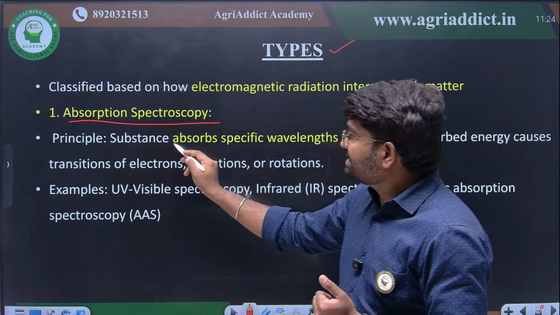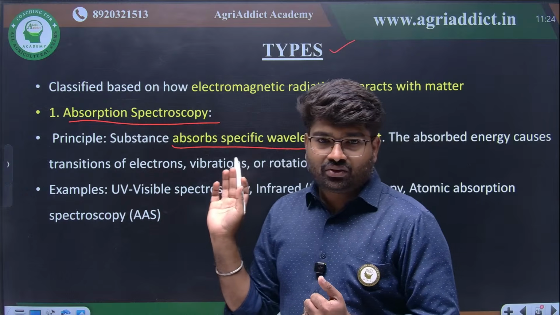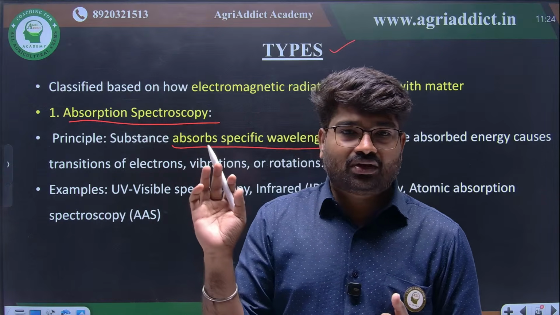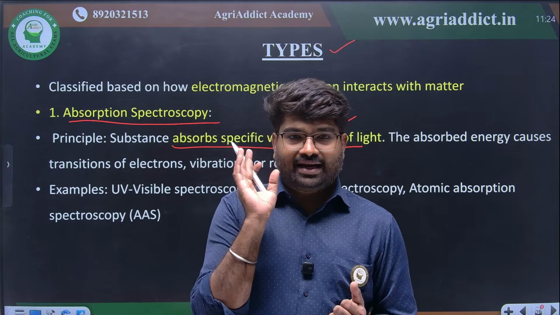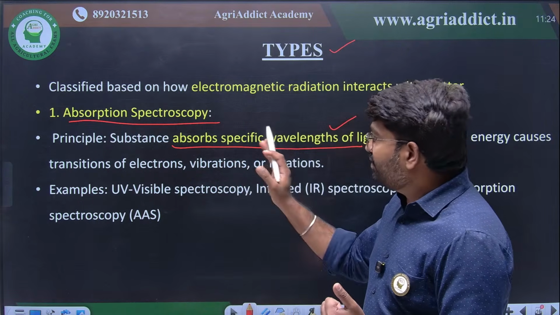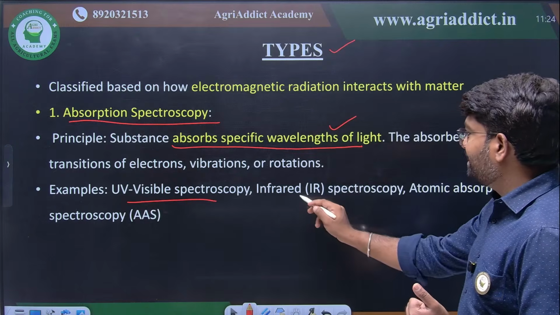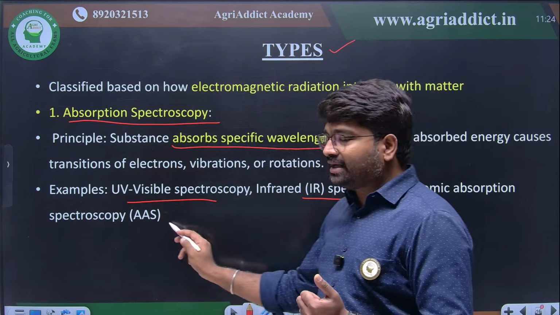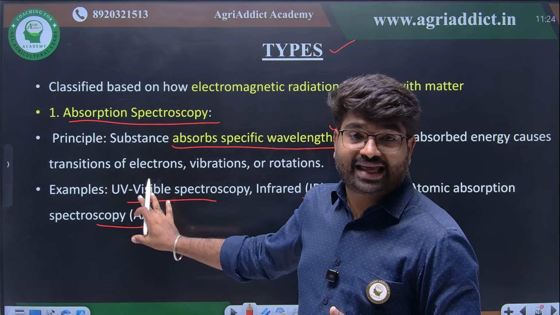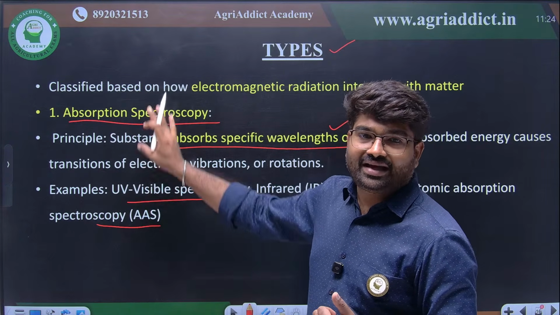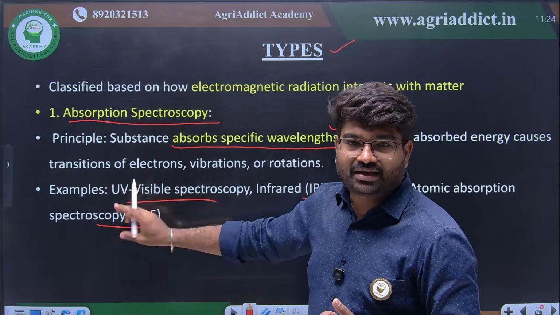The substance will absorb a specific wavelength of light, and how much light is absorbed is directly proportional to the concentration of the analyte. Clear. So examples of absorption spectrophotometry are UV visible spectrophotometry, IR spectrophotometry, and AAS spectroscopy. This is very important, the examples are important. They will ask what is an example of absorption spectroscopy, a statement and reason question they will ask.